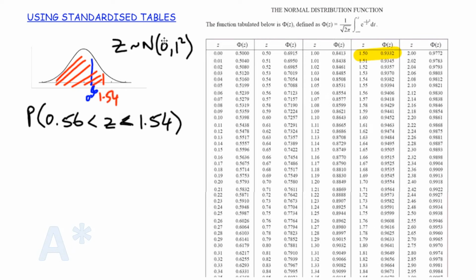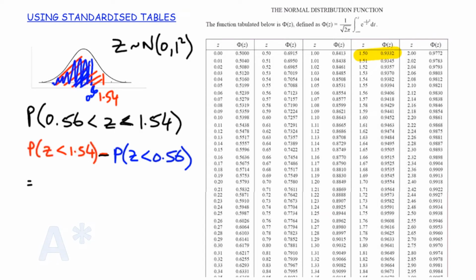From there, I'm going to subtract this blue area, and that will leave me with the interval that I was looking to find. Okay, so that red area is the probability that Z is less than 1.54. And from there, we will subtract the probability that Z is less than 0.56. And that should lead us to our answer. So less than 1.54, we'll find that in the tables.